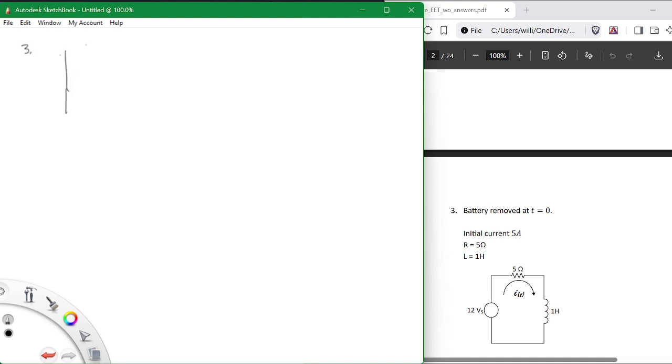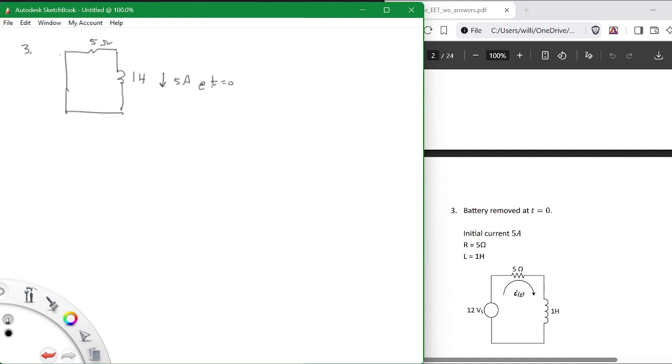The battery goes away, and you've got 5 ohms, and you've got 1 Henry. You've got an initial condition of 5 amps at t equals 0. Okay, so that's all you have.